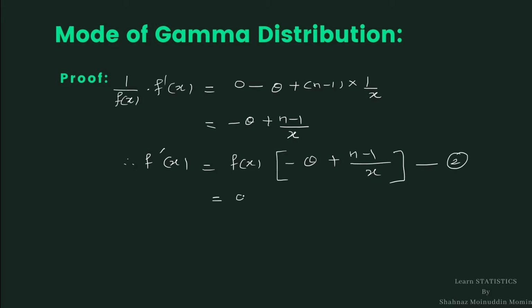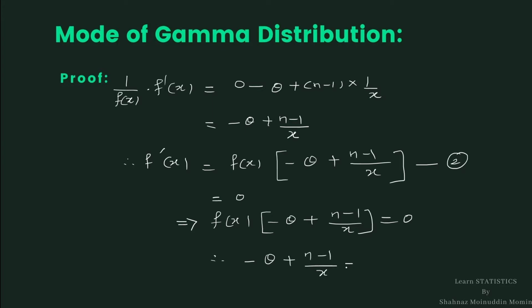We shall equate this equation to 0. This implies that if f dash x is 0, then f(x) into minus theta plus n minus 1 upon x must be 0. Hence it is minus theta plus n minus 1 upon x is equal to 0.